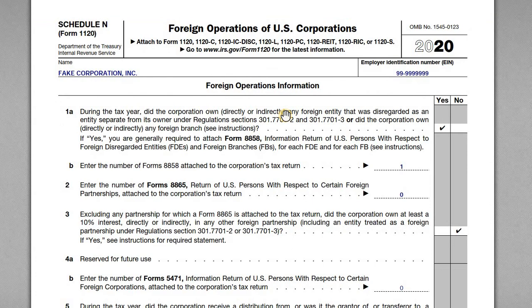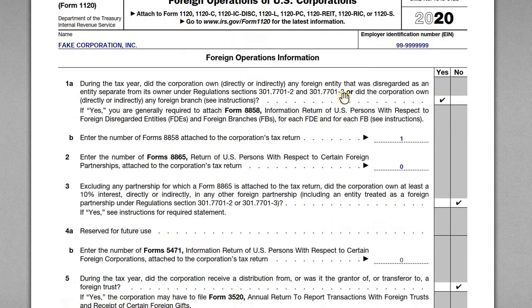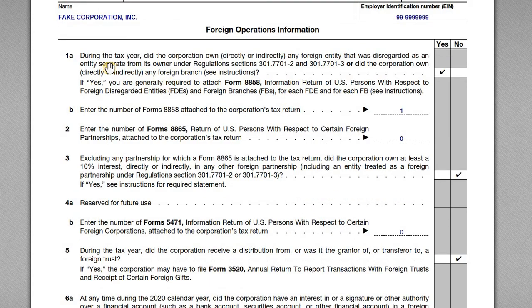If we flip up here, so we have Schedule N. We have Fake Corporation Inc. You have the EIN. Again, this is going along with the 1120. Okay, so you do not file this separately. It goes with the tax return. Question 1A, during the tax year did the corporation own any foreign entity that was disregarded, or did the corporation own directly or indirectly any foreign branch?